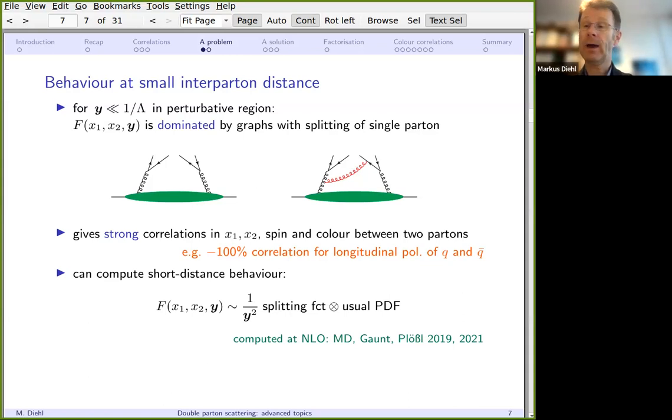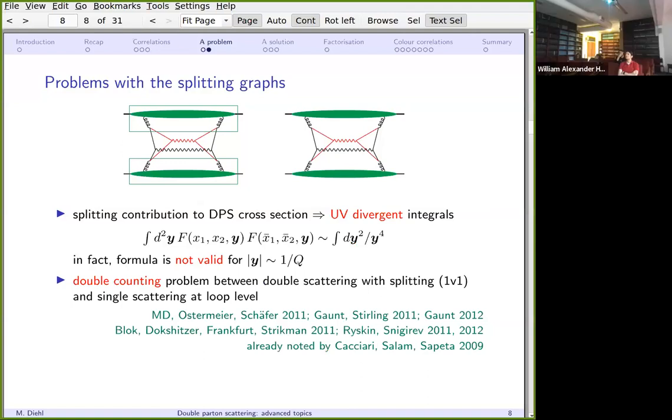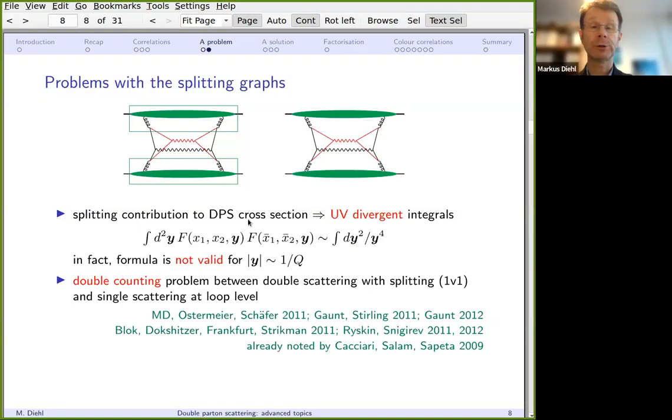So you might think you're happy, but your happiness doesn't last for long, because the moment you put this into your cross-section formula, ouch, you have d squared y over y squared times y squared. And that's a terribly divergent integral in the small y region. We are kind of used to logarithmic divergences in QCD. This is not even logarithmic.